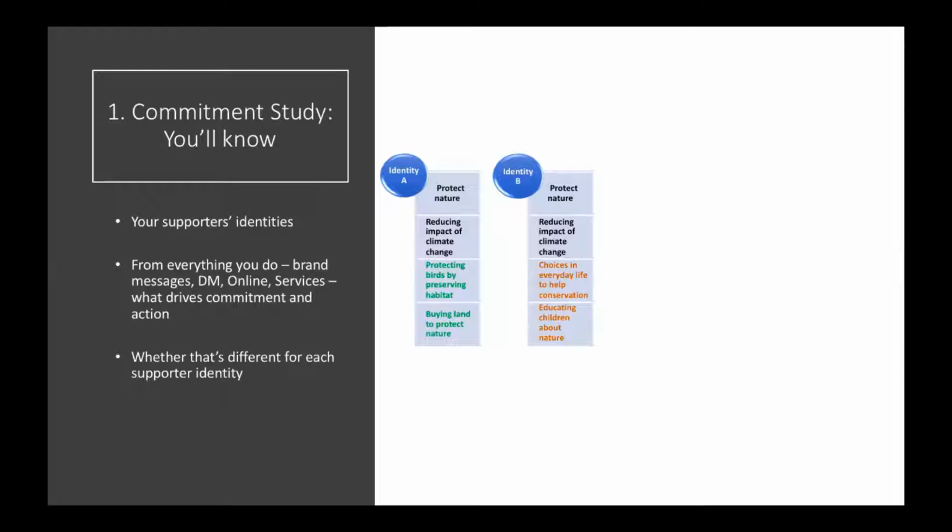But then there were some brand messages that were important just for identity A, for example, protecting birds by preserving their habitat, or buying land to protect nature. That only mattered for identity A, while the messages, choices in everyday life to help conservation and educating children about nature, were only important for identity B.